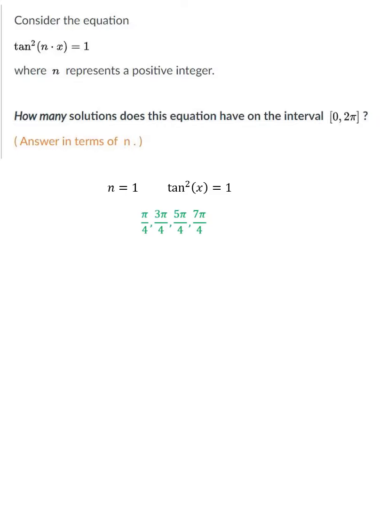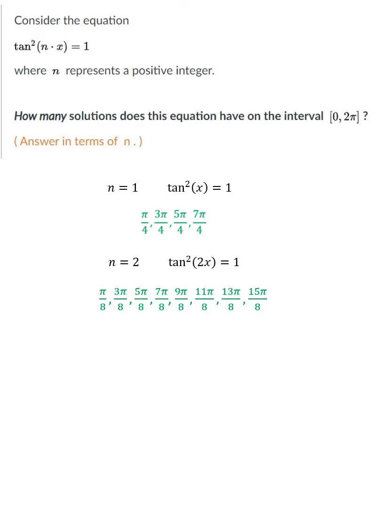Of course, the problem doesn't specify that n has to be 1, it just says that it has to be a positive integer. The next thing I decided to do was see what would happen if n were 2. Now, I'm not going to show my work here, but when n is 2, I solved this equation, and much scratch work later, I ended up finding 8 answers.